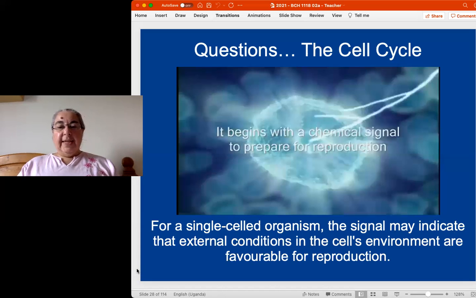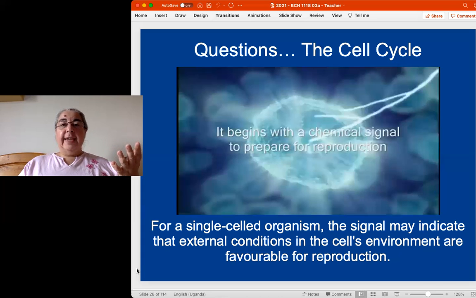If we think of a single-celled organism again, if we go back to the idea of yeast in a culture in a laboratory, we talked about adding more food source, so the signal that the cells receive might be the presence of that food source.